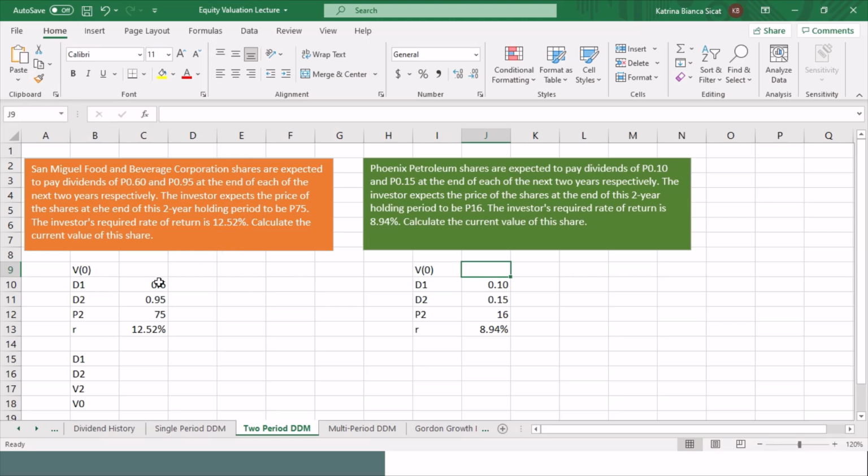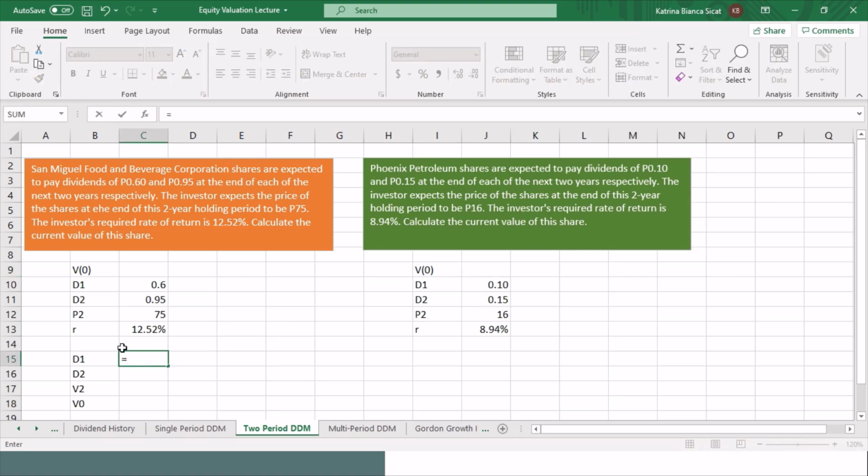So again, using the same concept, hindi mo na kailangan pang tignan siguro yung formula, mas madali kasi siyang i-explain dito sa Excel, no? First, you just have to get your dividend at the end of the first year. The rate is 12.52, so that's going to be 1.1252, divided by that. Okay, next is your dividend at year 2. Same concept with the present value, I-raise lang natin siya into 2 because it's the second year.